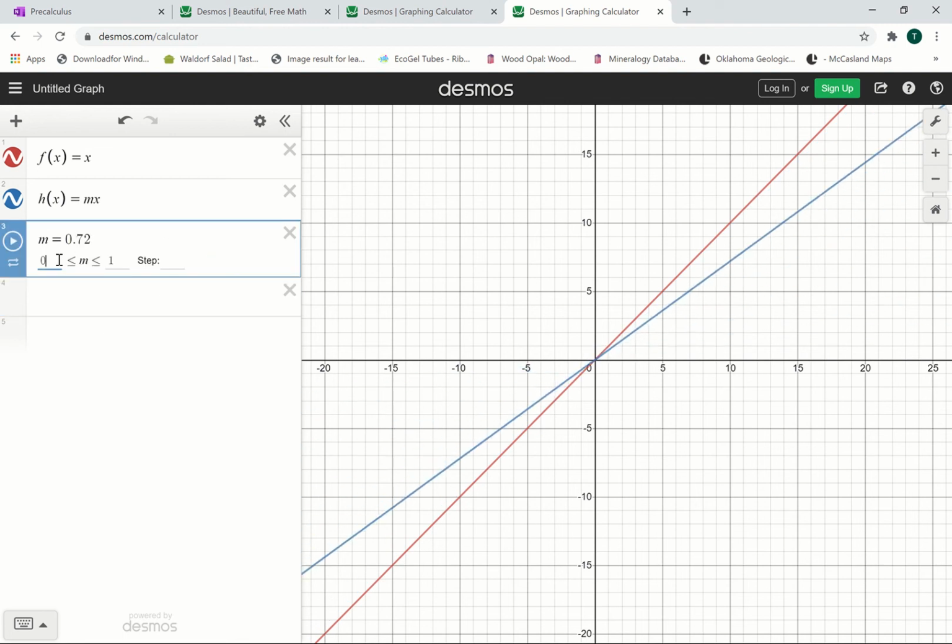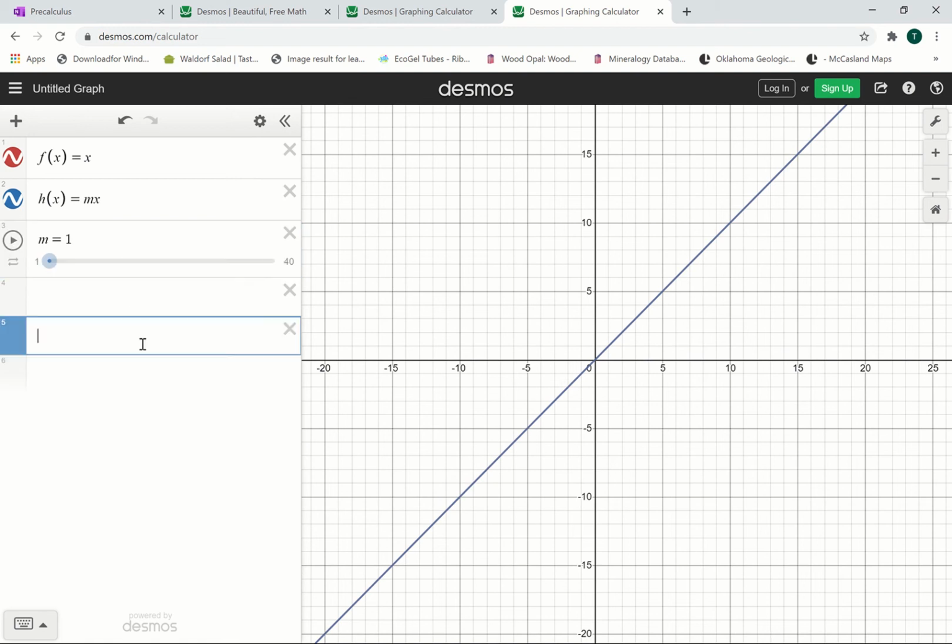And now, let's change it to 40. Now notice that the larger your slope gets, the steeper it gets. And it gets steeper and steeper, and it will approach the y-axis, but it will not become the y-axis.